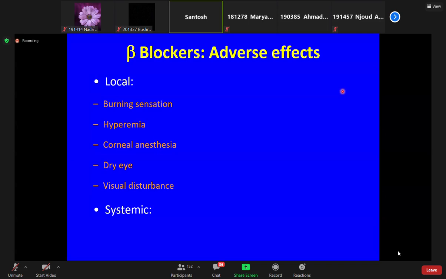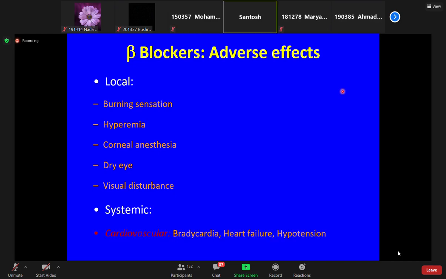So what sort of systemic effects do you expect? Bradycardia? Yes, very good. And if you're using non-selective, then what about lungs? Bronchial constriction. Yes. So cardiovascular, you have bradycardia, heart failure, hypotension, and pulmonary airway obstruction.